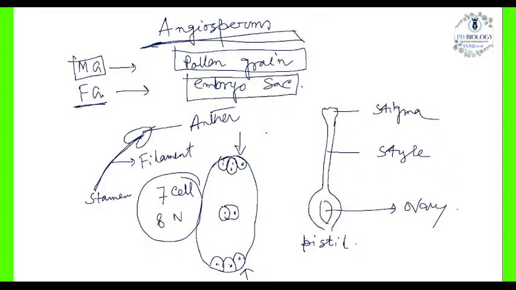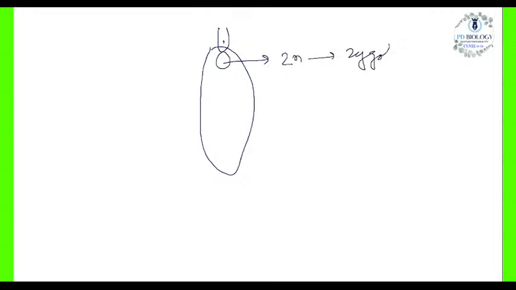And when the pollen tube gets entry, by the process of double fertilization, the first sperm fuses with the ovum to form the diploid zygote, and this zygote develops into embryo.